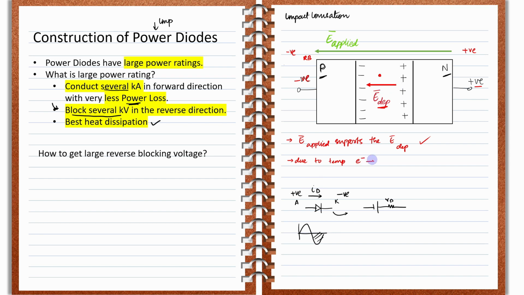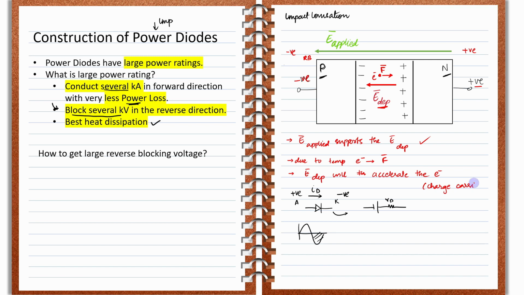Naturally, seeing the polarity here, the electron will experience a force in this direction. So this E depletion will accelerate the electron. Actually, we need not say electron, we can also call it the charge carrier.